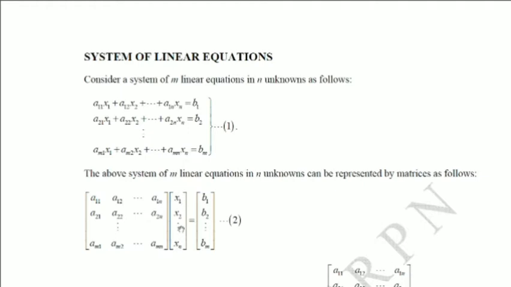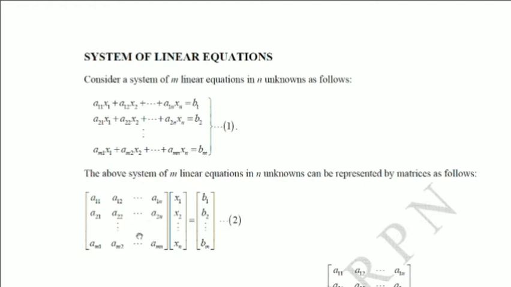So the order of this matrix is m cross n. And what about this matrix? It has only one column, but n rows. So this is an n cross 1 matrix. And this one is one column with m rows. So this is an m cross 1 matrix.